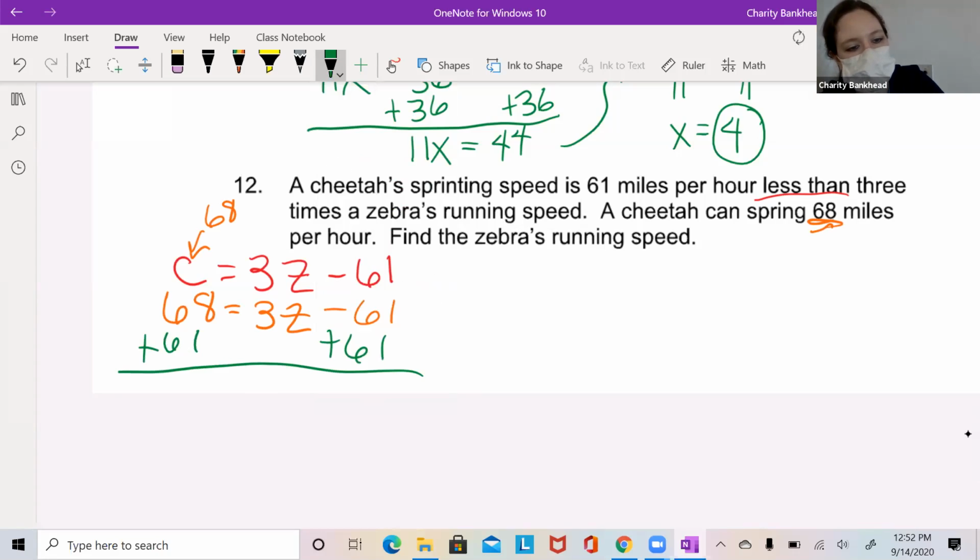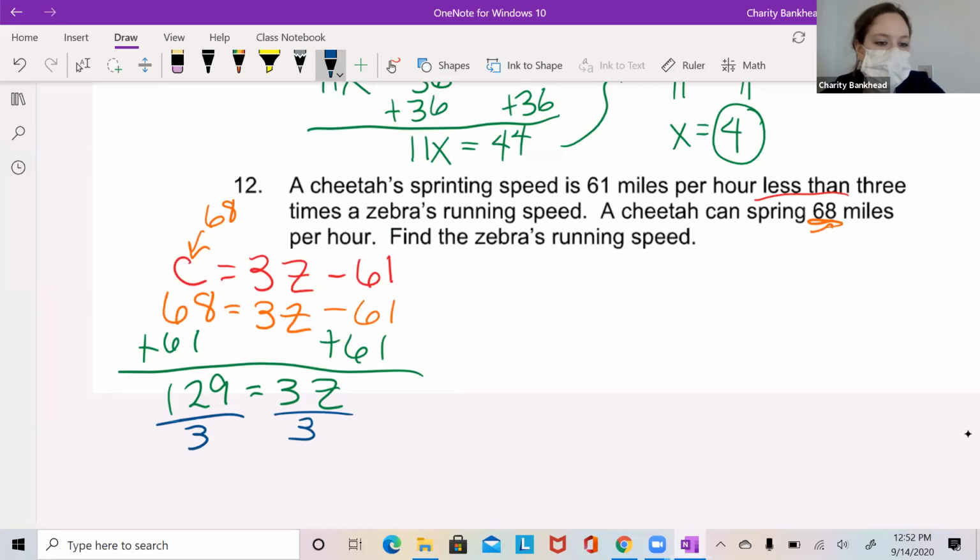And that would be 129 equals 3Z. And then divide both sides by 3. So 3 would go into 12 4 times, and 3 would go into 9 3 times. So 43 miles per hour is the speed of the zebra.